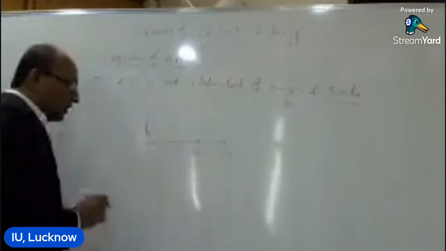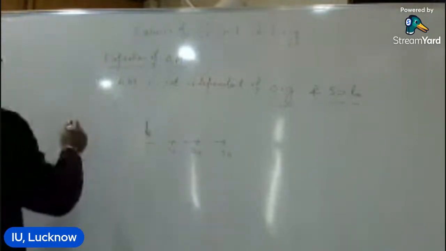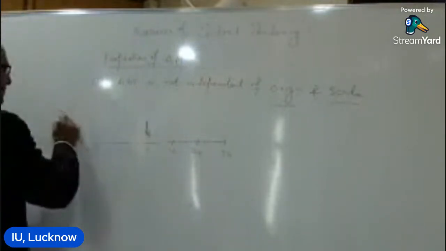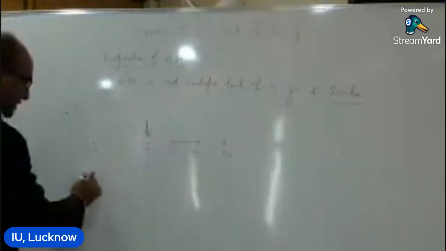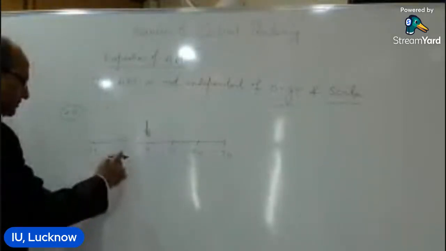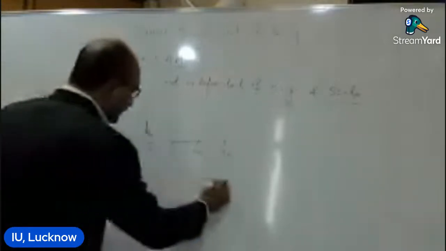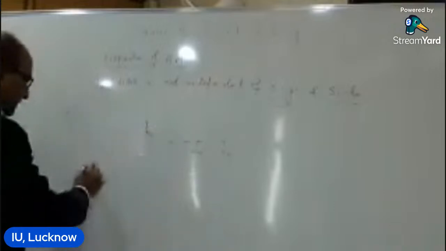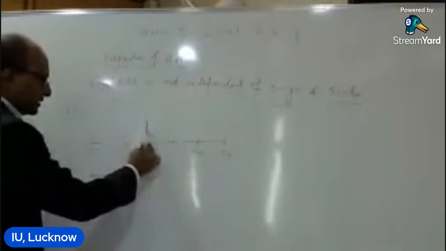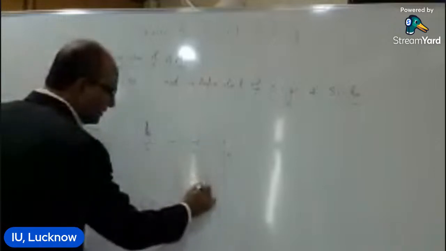Now if we add 10 to each observation, then our observations become 10, 20, 30 and 40.